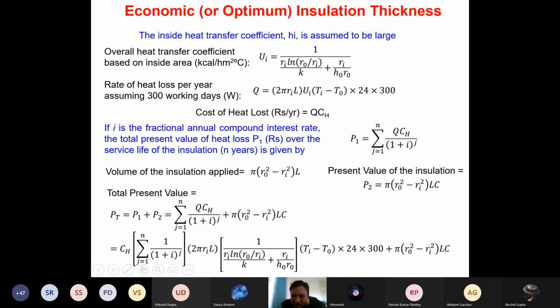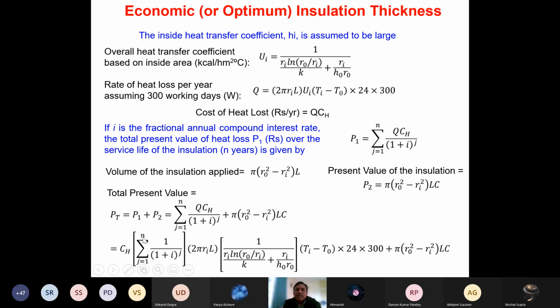So this is the final expression we are getting. And this expression we want to minimize with respect to what? We want to minimize with respect to the insulation radius, R naught. So what we are going to do is take dPT by dR naught and equate it to 0.